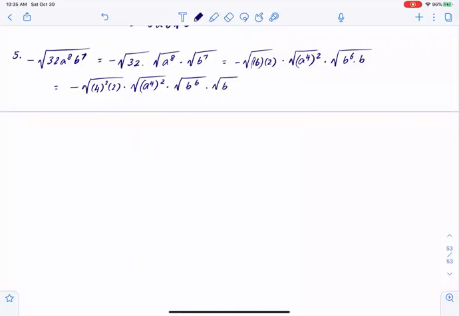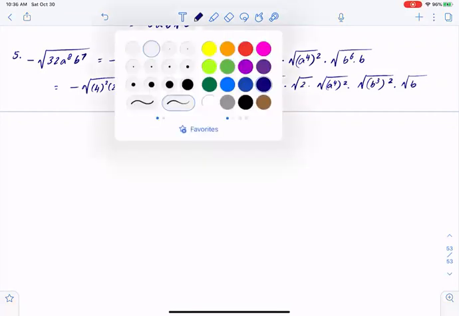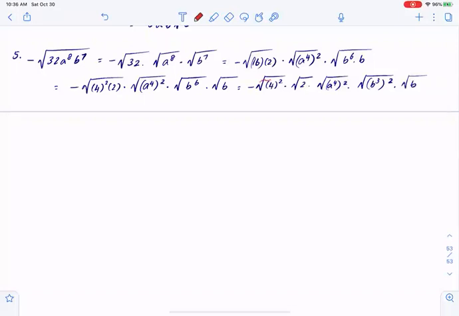Unsplit the roots. I'm going to split the first radical. I can write b raised 6 as b cubed raised 2. And now I'm going to get rid of the root and the square whenever possible. It's possible there, possible there, possible there.